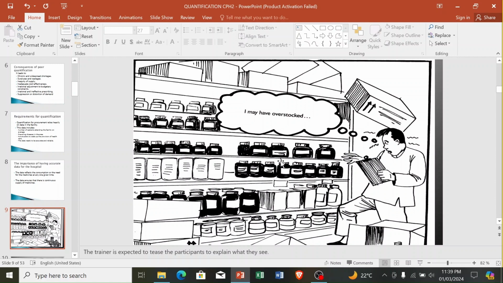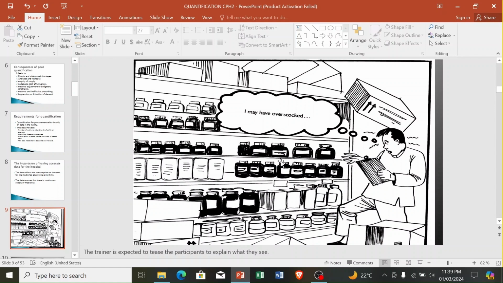They ended up overstocking. Either they had inaccurate data or wrong data, or they had accurate data, but the people who were carrying out the quantification didn't take the data seriously, or didn't check what they have present in the store and what will be needed, or what they would need to add.